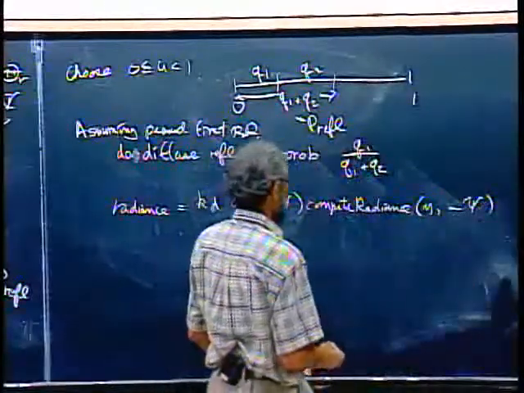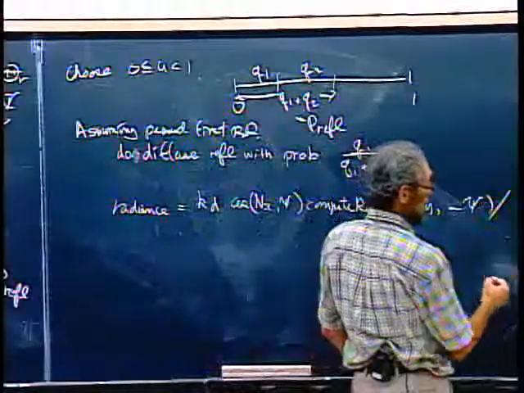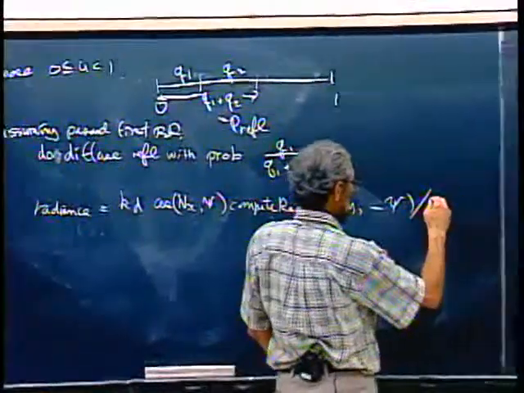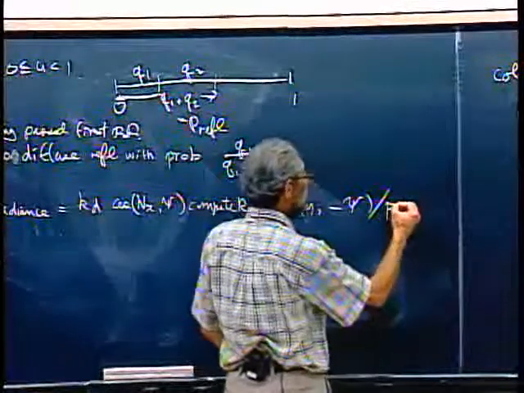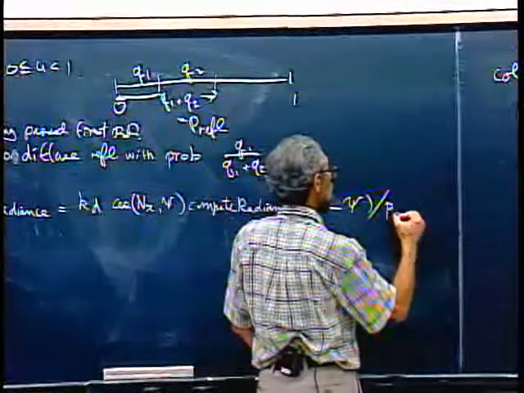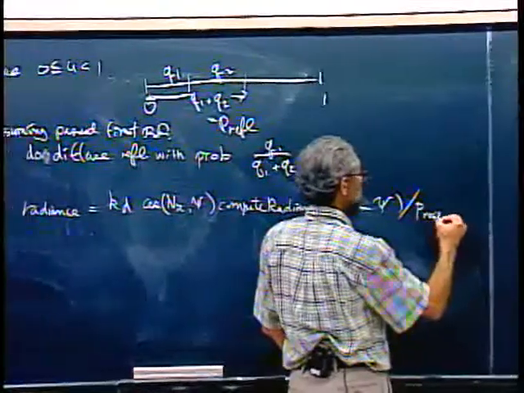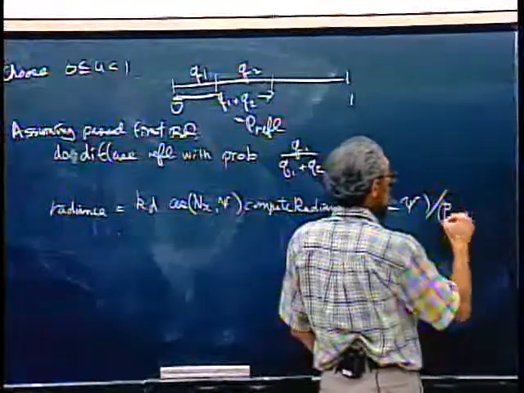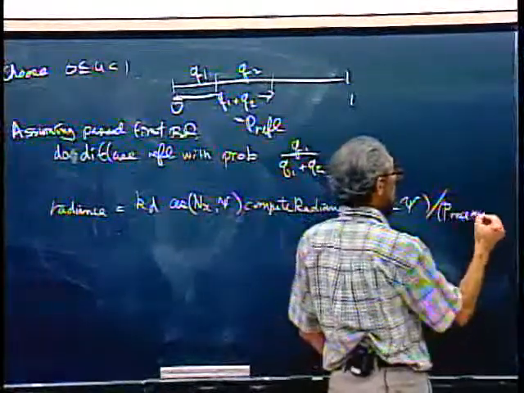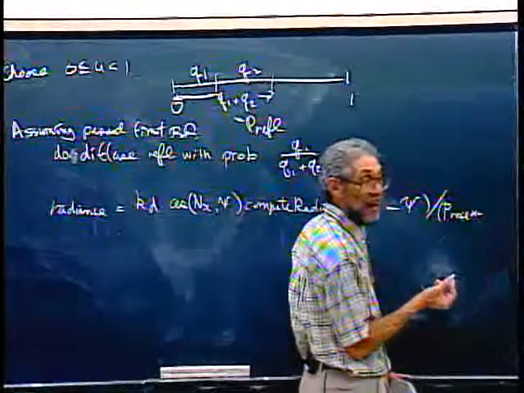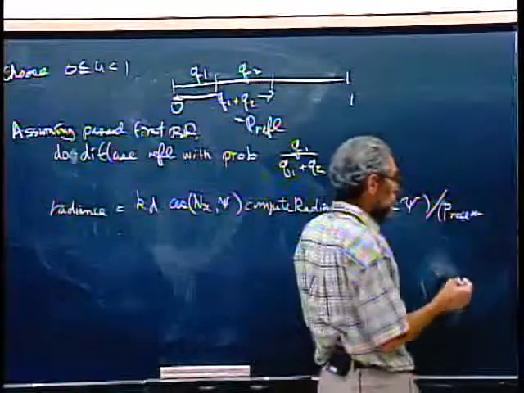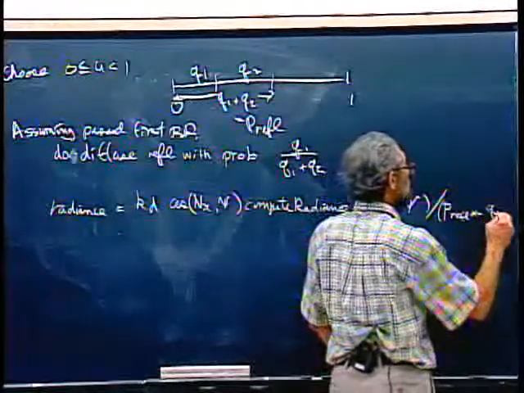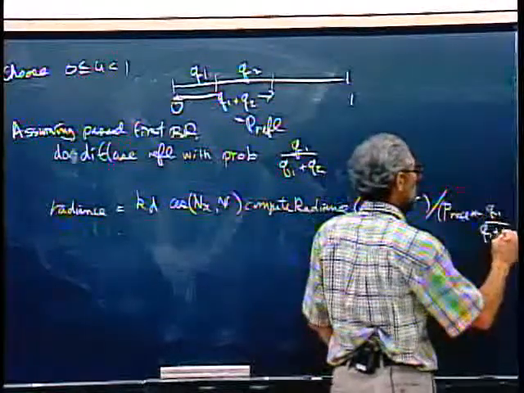And now I'm going to divide by the probability of first choosing to reflect, like I did over there, multiplied by the probability that I decided to do the diffuse reflectivity, and that's Q1 over Q1 plus Q2.